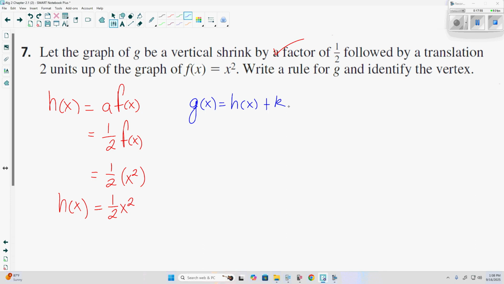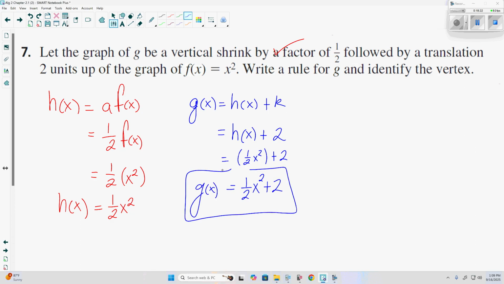Now the only other transformation is a vertical translation 2 units up. So h of x plus k, our value of k in this case is +2, really telling us just this here.